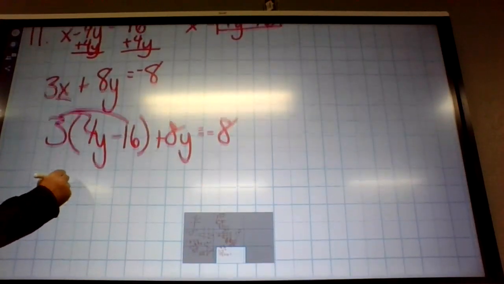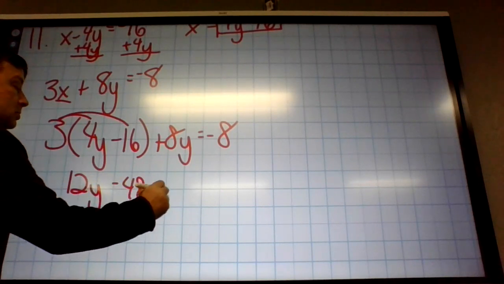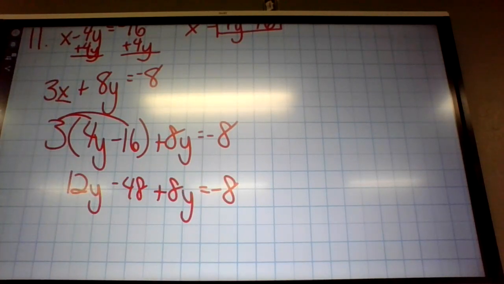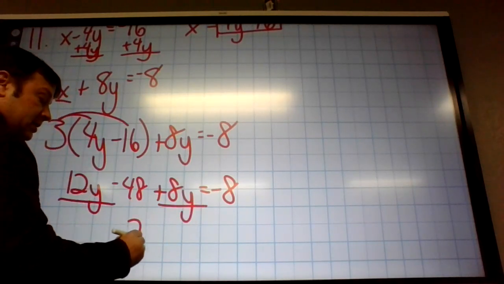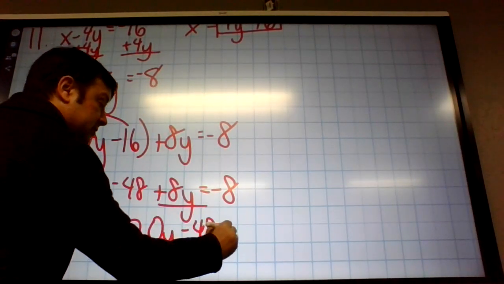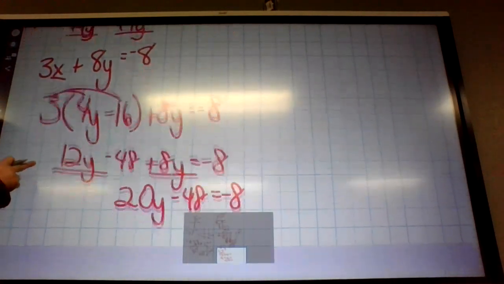Multiply by 3. 12y plus 8y go together. Kind of out of room.